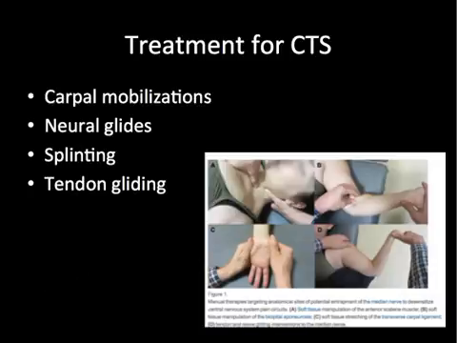So that's been the first study that really has shown that we've had some pretty good benefit and no difference between surgery at 1 year.